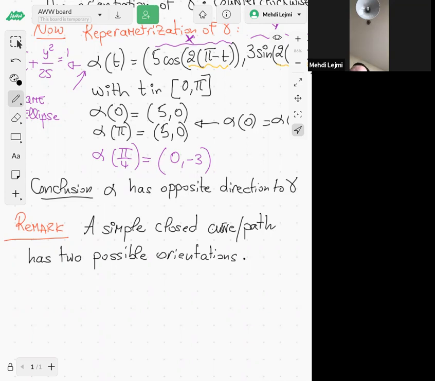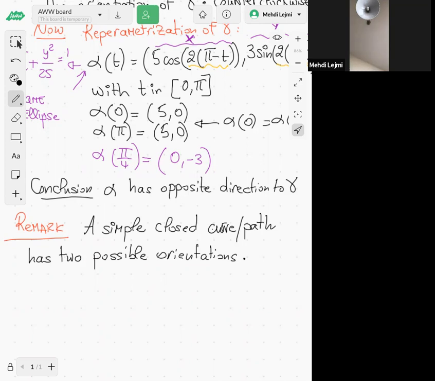Actually, we say that a simple closed curve is oriented if a choice of orientation is made. So if you say my curve or my ellipse has a clockwise orientation, it means that you oriented your curve, right?